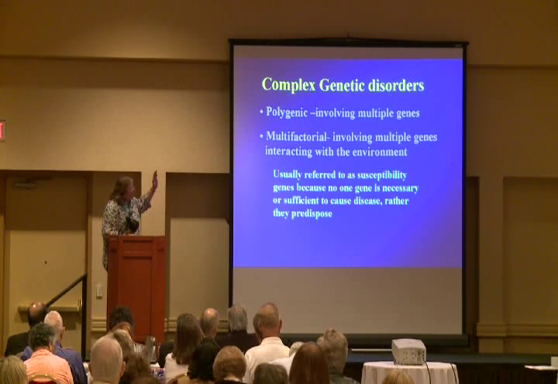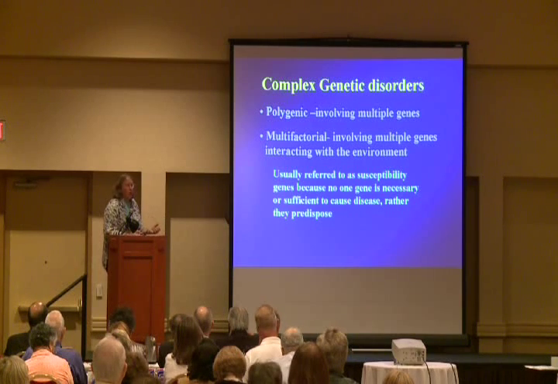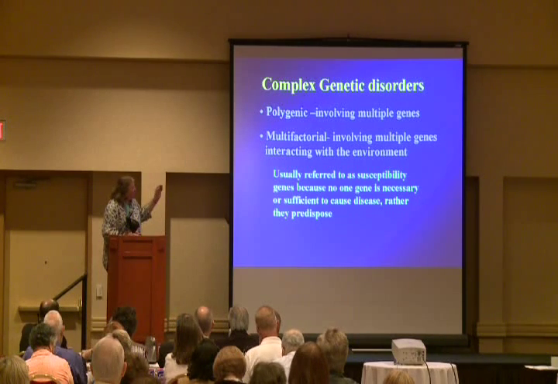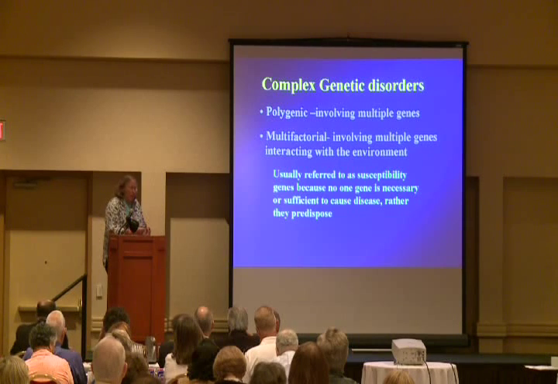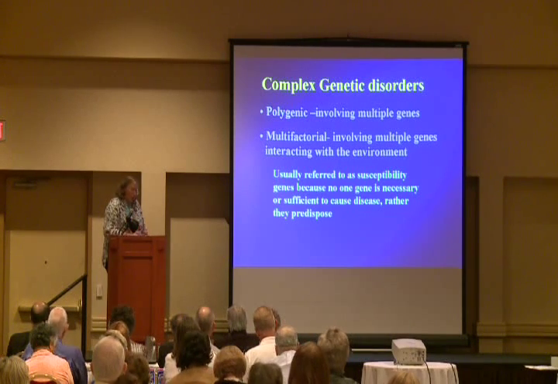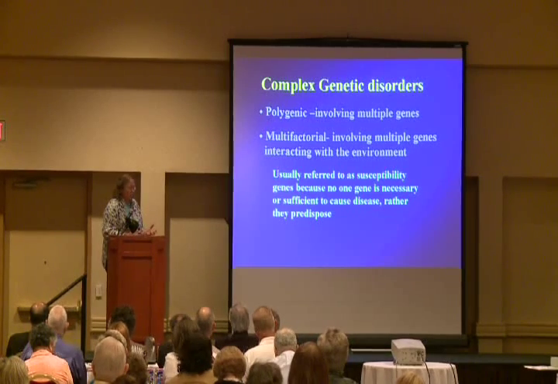So you can have polygenic or you can have multifactorial. Polygenic is when you have multiple genes involved in a trait, and multifactorial is when you have genes and environment coming together to increase or decrease your risk for something.